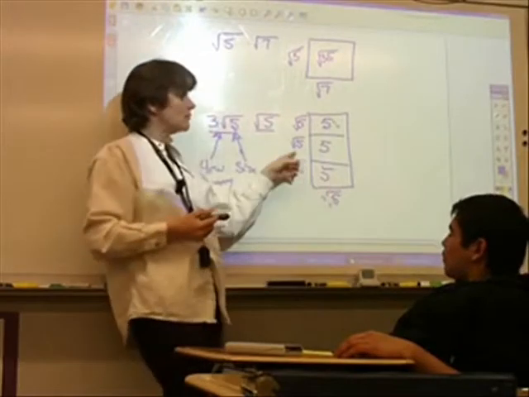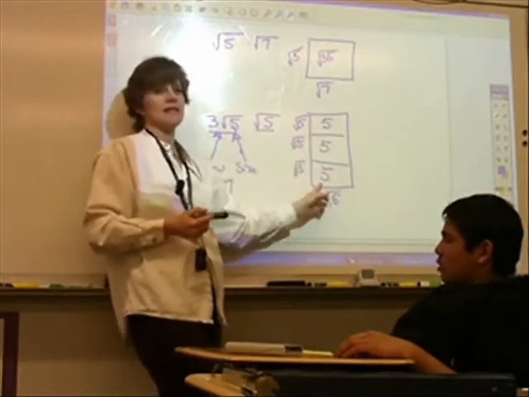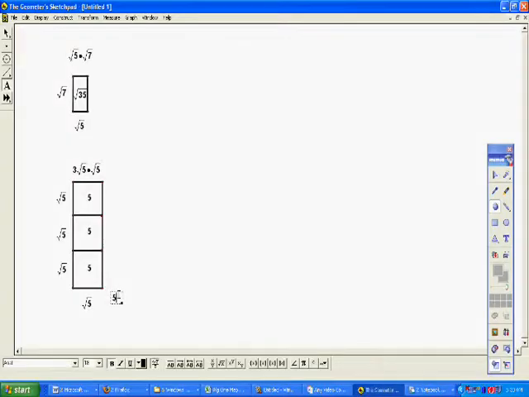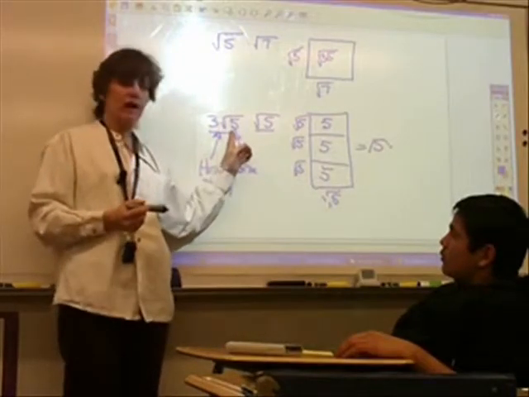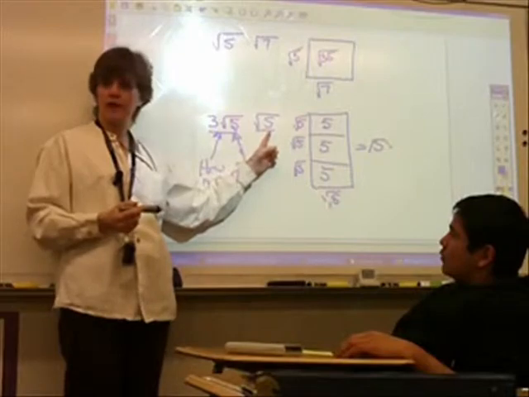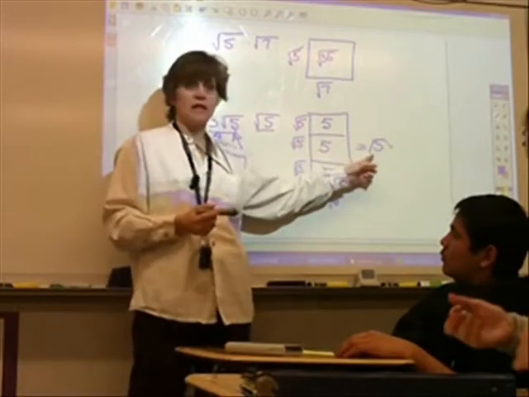So now, after I've multiplied, my answer is inside of my array. What is my final answer? 15. So 3 square roots of 5 times the square root of 5 is 15.